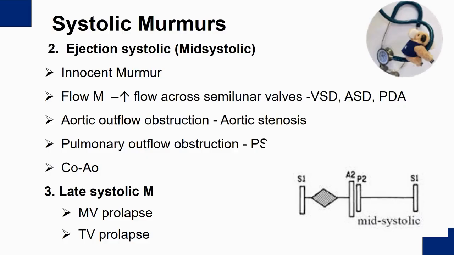Aortic outflow obstruction like aortic stenosis, pulmonary outflow obstruction like pulmonary stenosis, and coarctation of aorta. So all these have an ejection systolic murmur. Then comes late systolic murmur, which is heard in mitral valve prolapse and tricuspid valve prolapse.